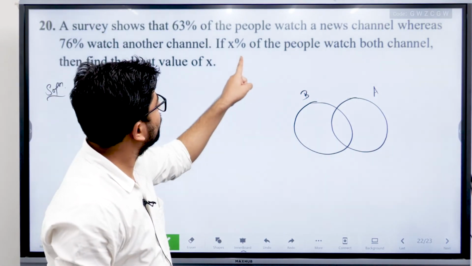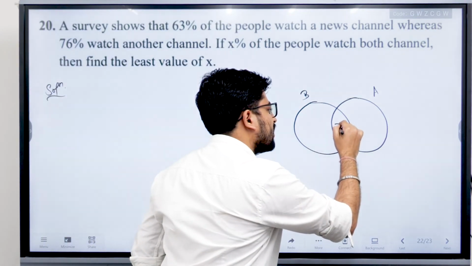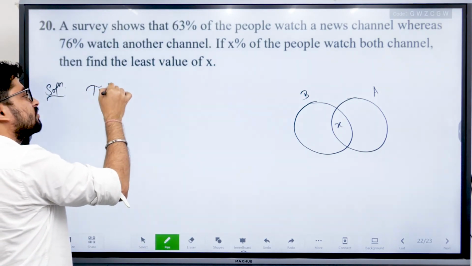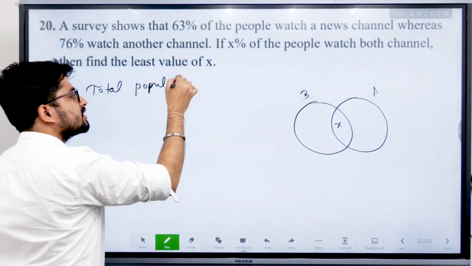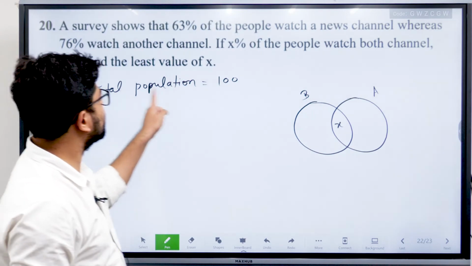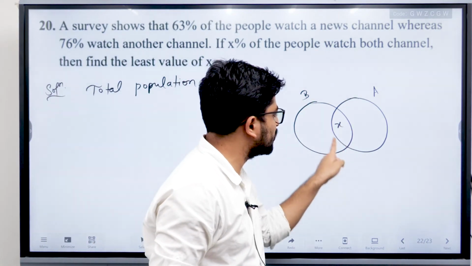So total X people watch both the channels. First of all, we assume that the total population is 100. If the total population is 100, then X% of 100 is X. So X number of people watch both the channels.